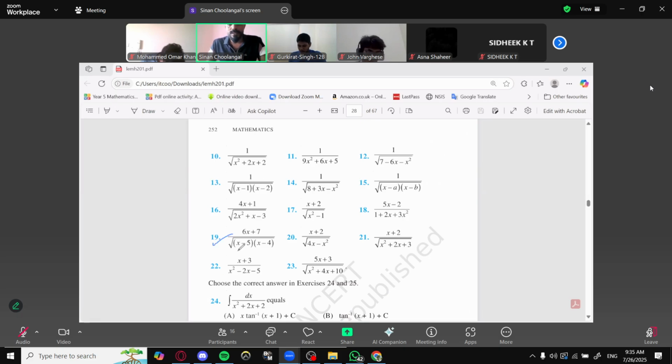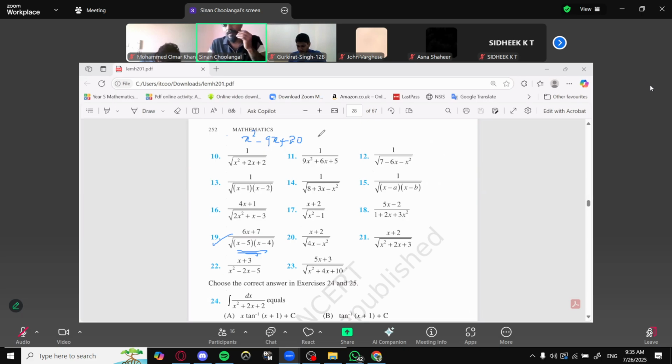First you have to expand the denominator. So you will be getting x square minus 9x plus 20.